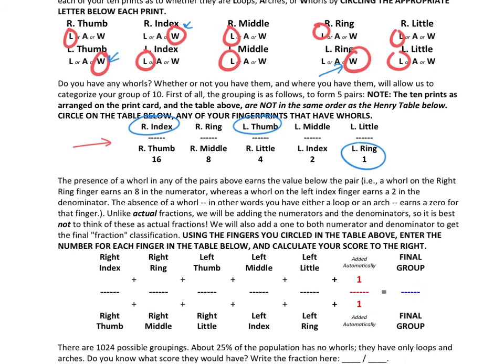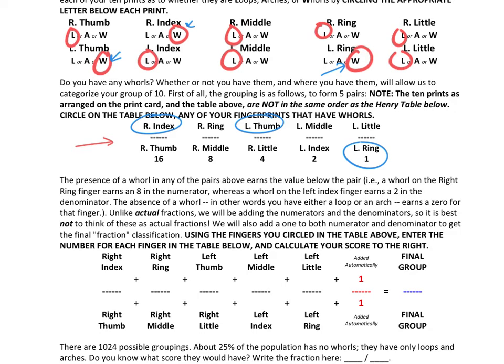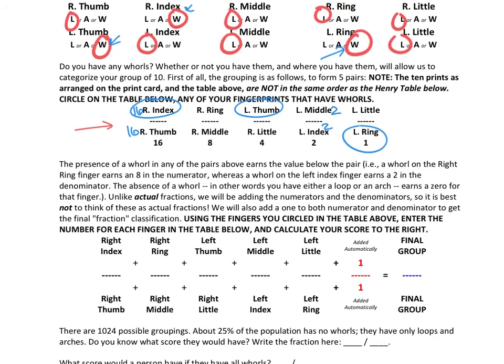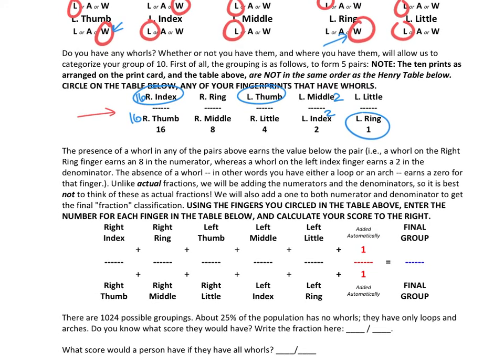If you have any whorls, that earns you that value. For example, the right index would earn me a 16, the right thumb would earn me a 16. Left middle would be a 2, left index would be a 2, and each finger has its own subsequent value. If you have an absence of a whorl, you can leave it blank, or if you really want to, you can put a 0 in there.